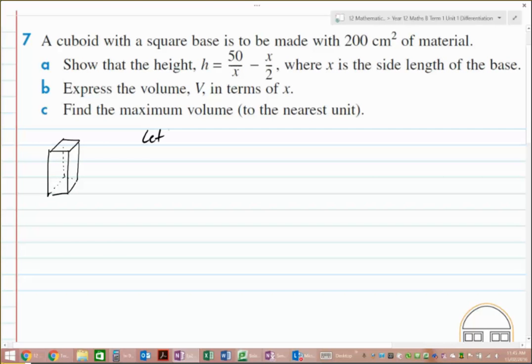I'm going to let x be the length of the base. Since we've got squares on the top and bottom, both of these are x, and I'll call h the height.